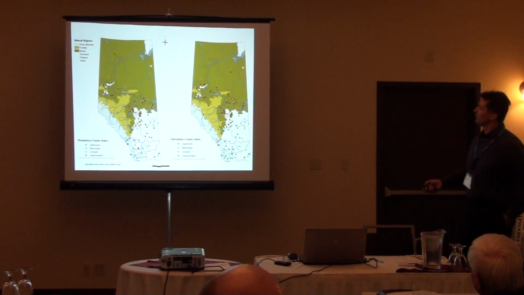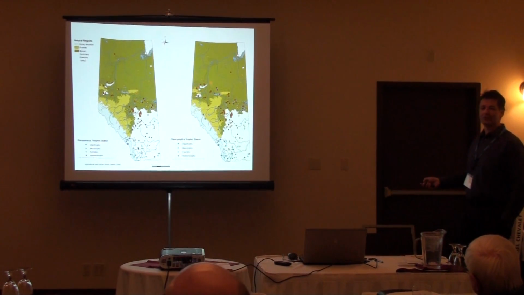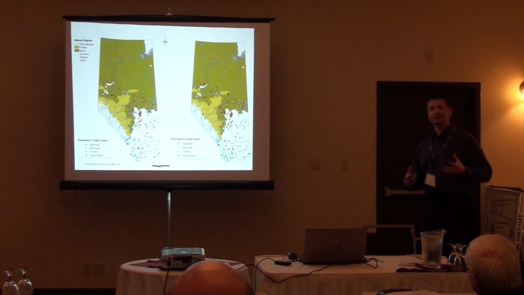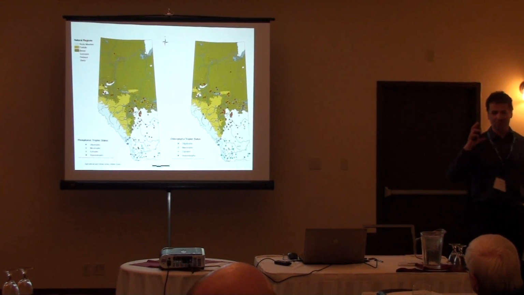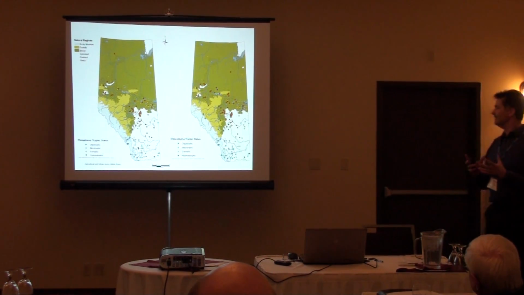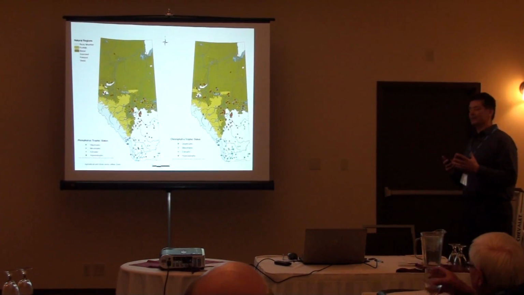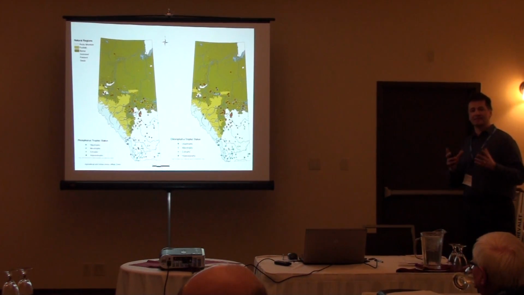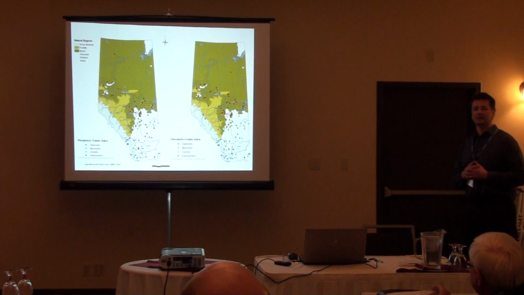But as we go through the province, we can see that we have mesotrophic lakes immediately adjacent to hypereutrophic and eutrophic lakes. You have to really consider each lake as its own specific entity and have a good understanding of the limnology of that system you're concerned with.